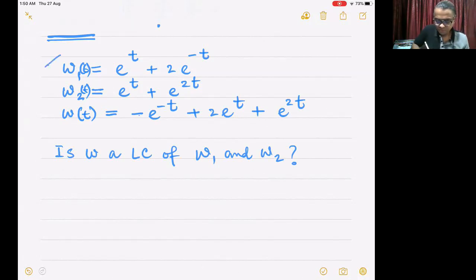How do we solve this problem? This is one representative problem. Another representative problem would be to replace these functions by, let's say, random variables. Suppose I have one random variable x, another random variable y, and another random variable z. And I ask the question, is the random variable z a linear combination of the random variables x and y? No one can stop me from asking this question, from posing this as a problem. And this is not just some cooked up problem that I'm doing for the sake of this course.